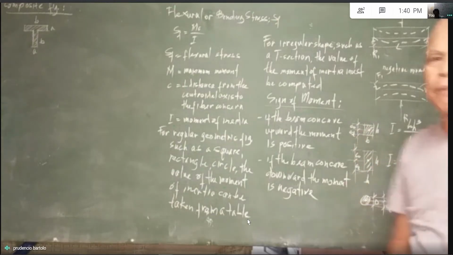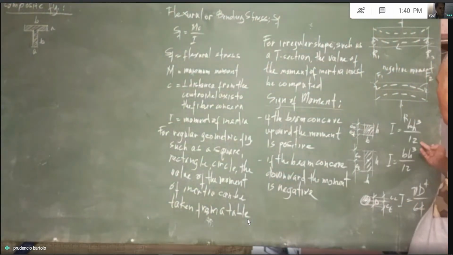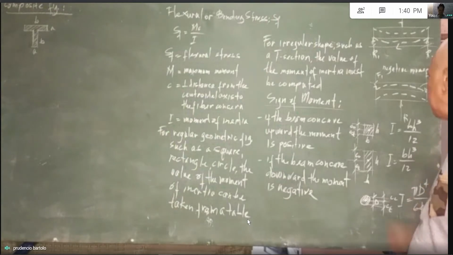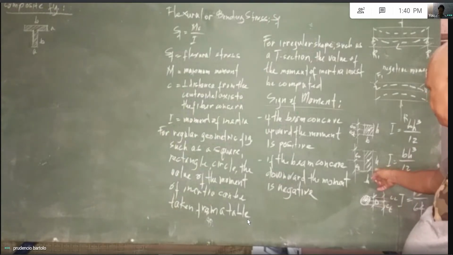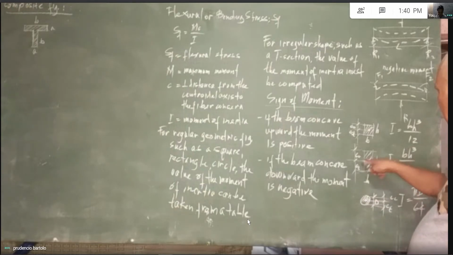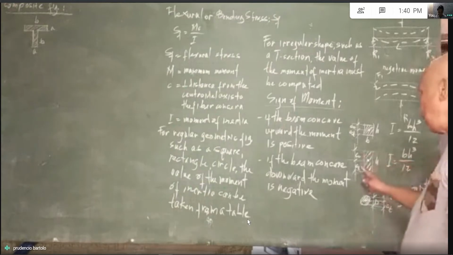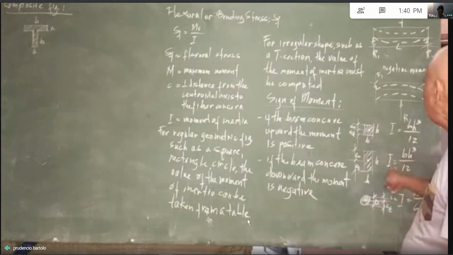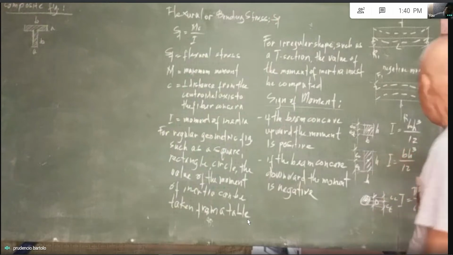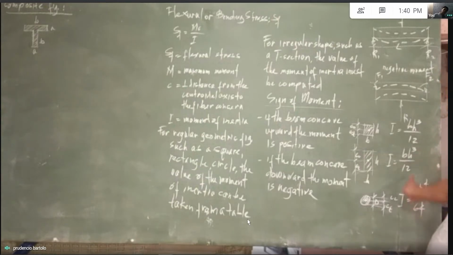Our moment of inertia will be equal to Bh cubed over 12. The same thing with a rectangle: the base is B, the altitude is H. The C under compression and the C under tension are equal. Our moment of inertia for a rectangle will still be Bh cubed over 12.